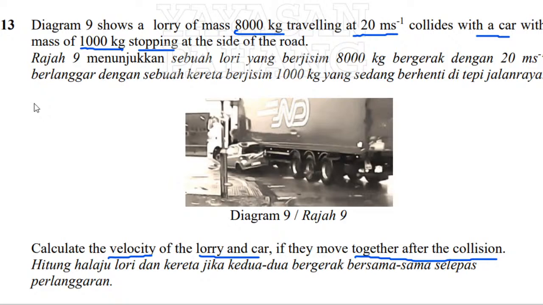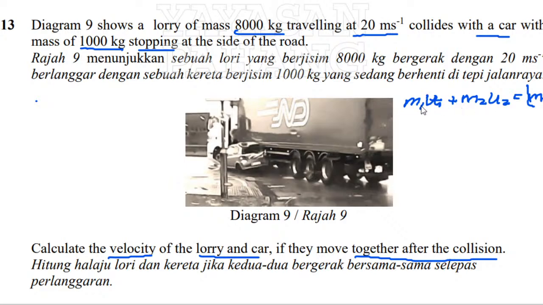So use this formula: M1 U1 plus M2 U2 equals M1 plus M2, you can bracket it because they move together, times V. V is the final velocity. The question asks you to calculate the final velocity.